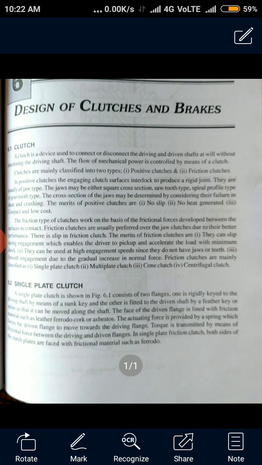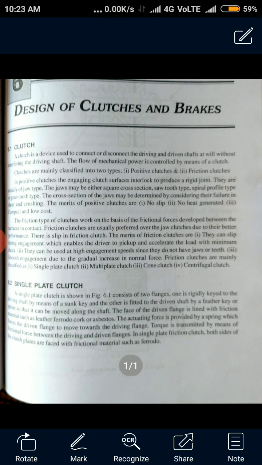By means of clutches, we take second gear, third gear, or maybe fourth gear. When you want to ride at a higher speed, we go for higher gears, fourth gear, and fifth gear also, and when you go for lower speeds, you come to second gear or third gear. Like this, the engagement of gears is done by using the clutches.